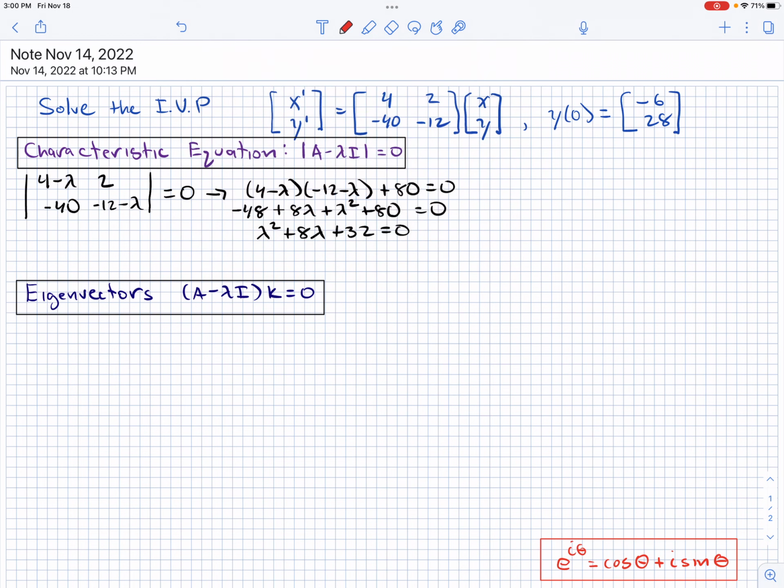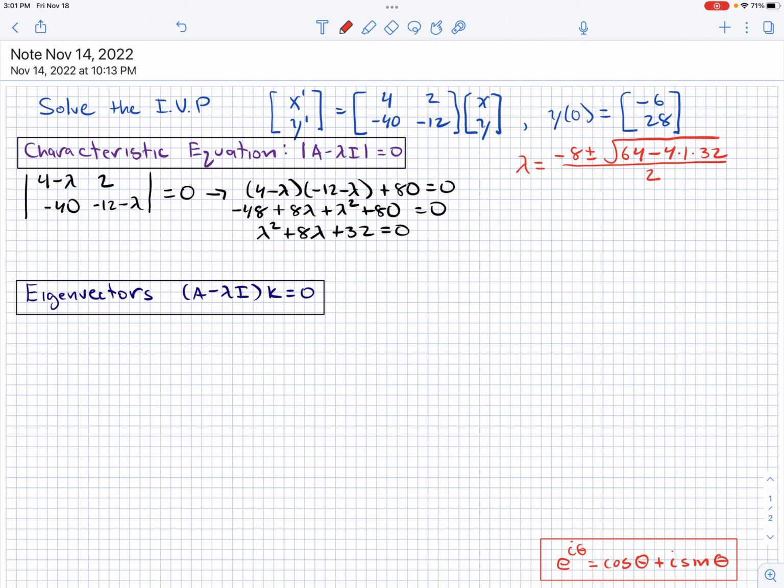Then over here on the side, we'll do some scratch work of the quadratic equation. So negative b, so negative 8, plus or minus the square root of b squared, which is 64, minus 4 times a times c, which is 32, all divided by 2.